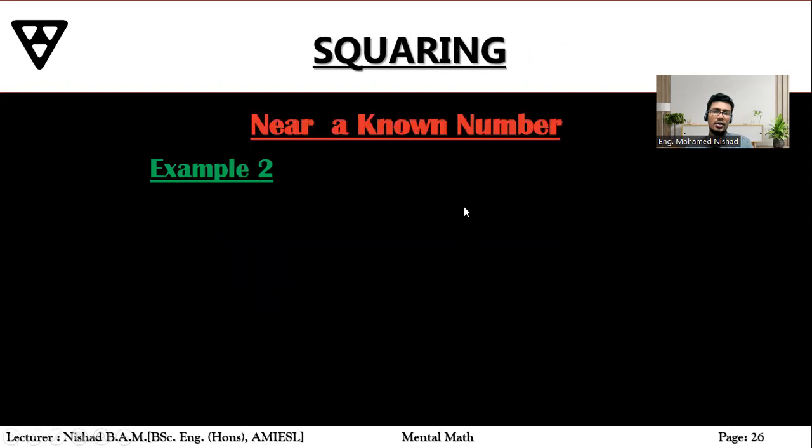Okay. Now we are going to learn another technique for numbers near a known number, right? As an example, if you are going to square any number that is near to a known number. A known number means we know the square of that particular number. As an example, you know how much the square of 20 is. It will be 400, right?